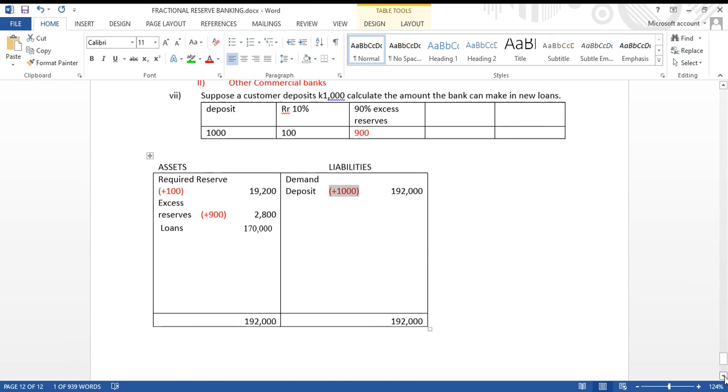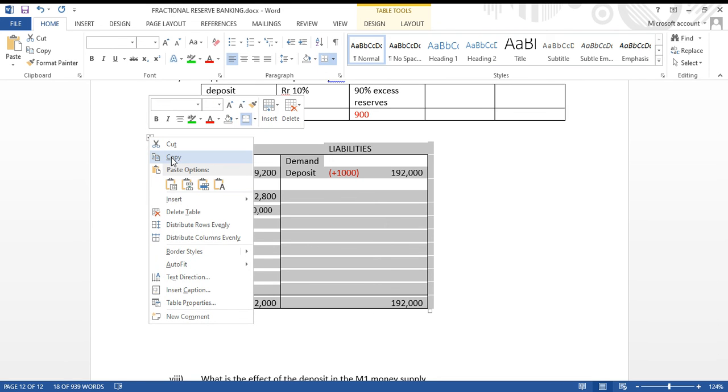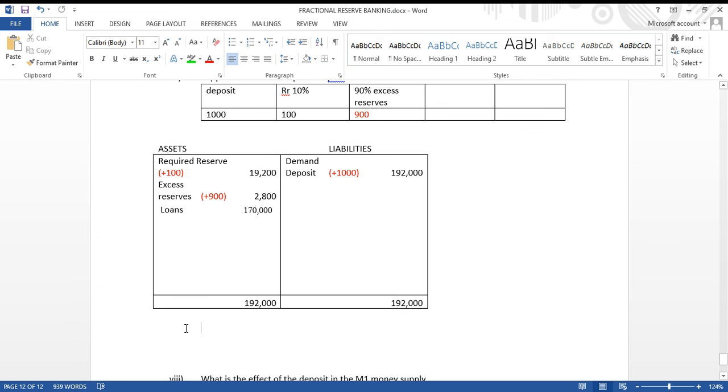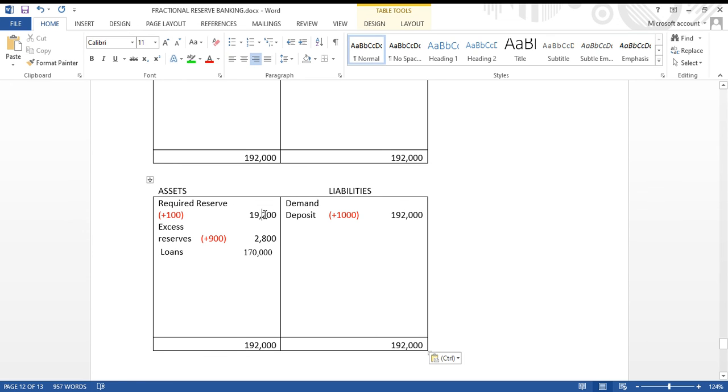Let's see our new balances. This will become 19,300. This becomes 2,800 plus 900, which is 3,700.